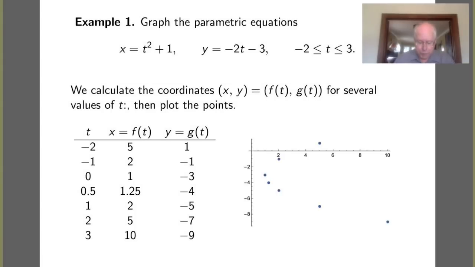So if we plot the points from this table, we take the various pairs, for example, 5 comma minus 7, and that point appears to be right about here. We do that for every point we plot.